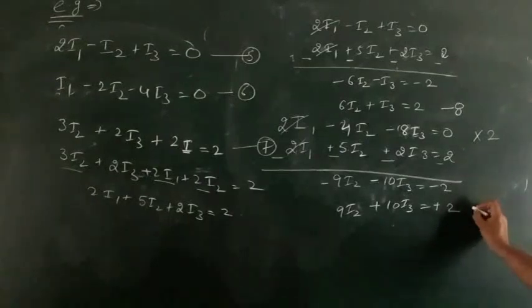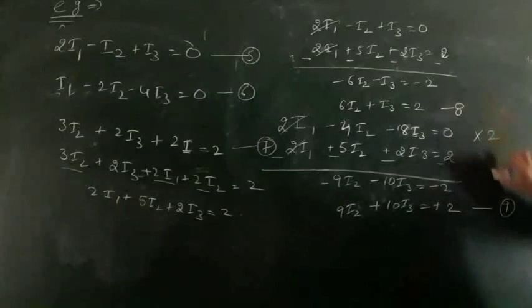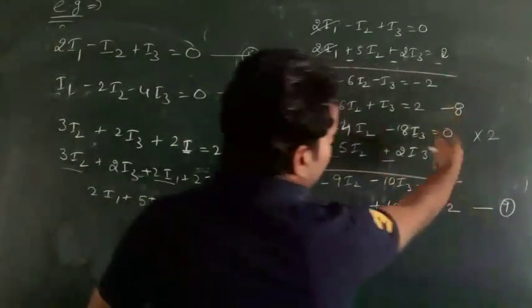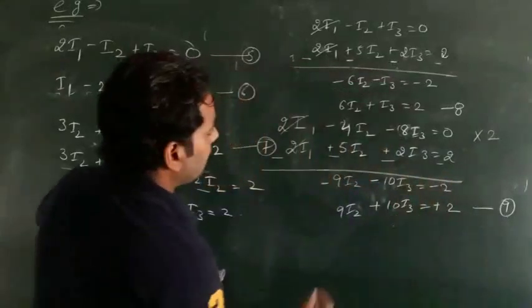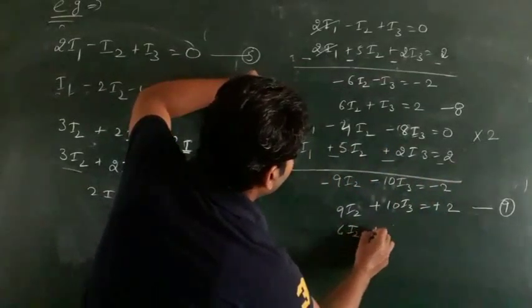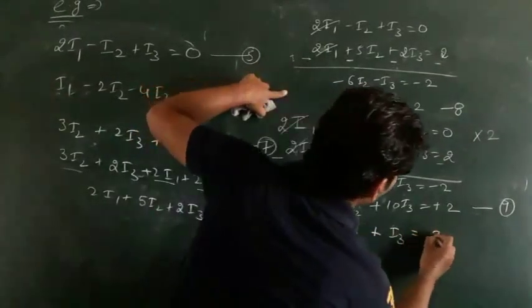We can say that this equation is your ninth equation. Now use 8 and 9. So I am writing here the 8th and 9th equation. I am writing the 8th equation downside. So here comes out to be 6I2 plus I3 is equal to 2.